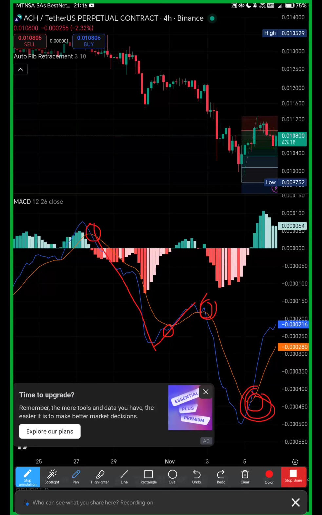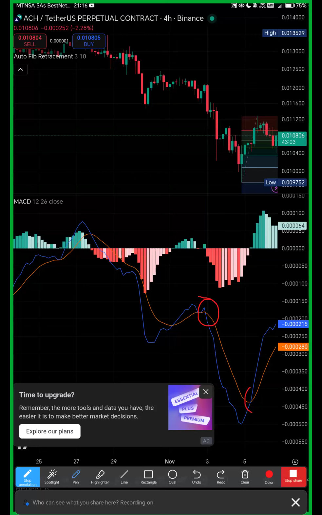Now, as I conclude on this TradingView, I said that there is a zero line here. These crossovers, the golden cross and the death cross, sometimes they will happen above the zero line, meaning these two lines are going to kiss each other on top, above the zero line.